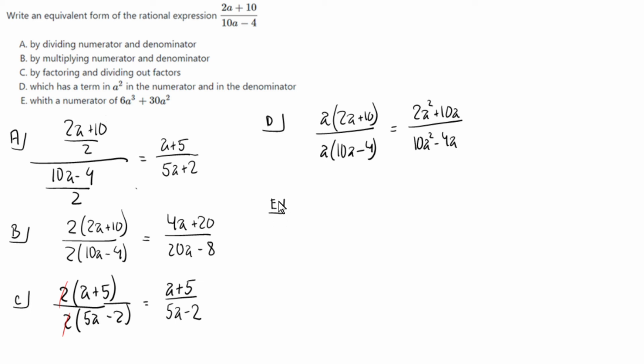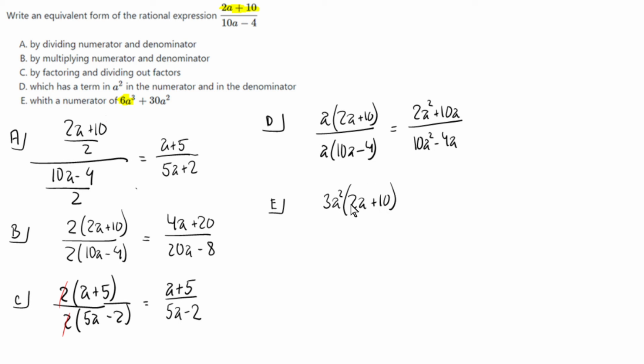And then finally in E, with a numerator of 6a cubed plus 30a squared. So if we take a look at what we have in the numerator, we have 2a plus 10. So to turn 2a into 6a cubed, we would have to multiply it by 3a squared. So we multiply it by 3a squared.